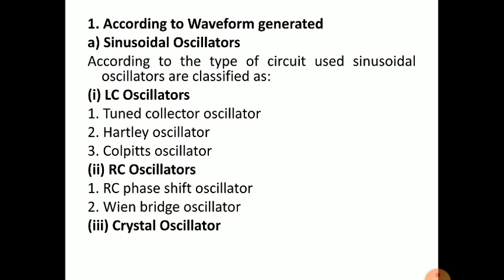The second one is RC oscillators, resistor and capacitor oscillators: the RC phase shift oscillator and Wien bridge oscillator. And the third one is the crystal oscillator. So the different types of circuit we use to produce these sinusoidal waveforms give the classification LC, RC and crystal oscillator.